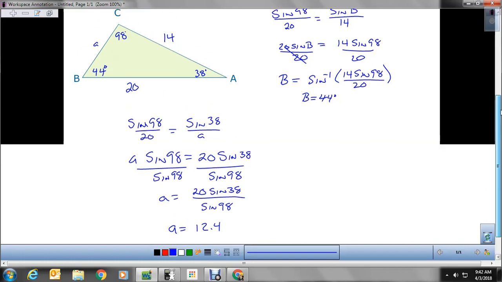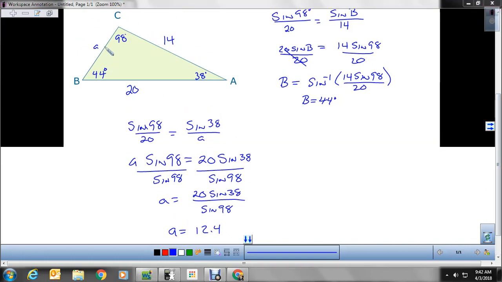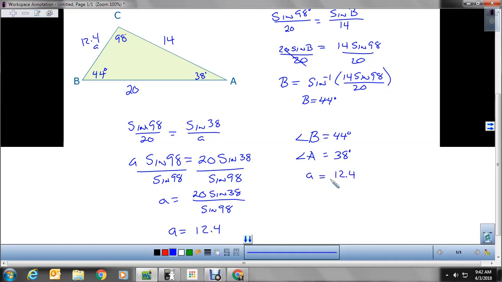Typically we'll do side lengths to the nearest tenth and angle measures to the nearest whole number. So the three missing values we had to figure out were angle B, which we found was 44, angle A, which was 38, and side A, which is 12.4. That's how you solve the triangle.